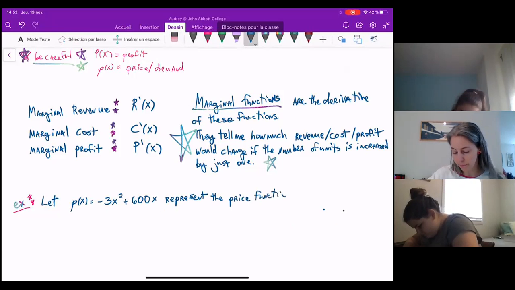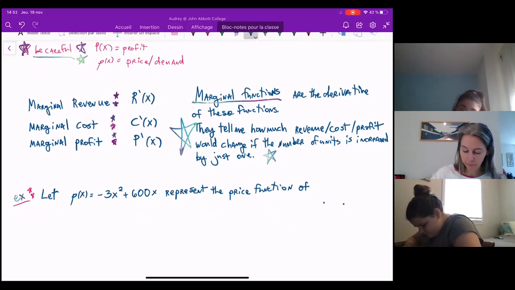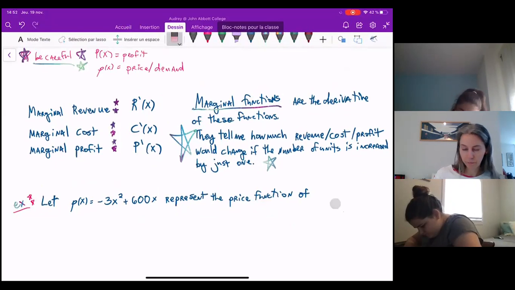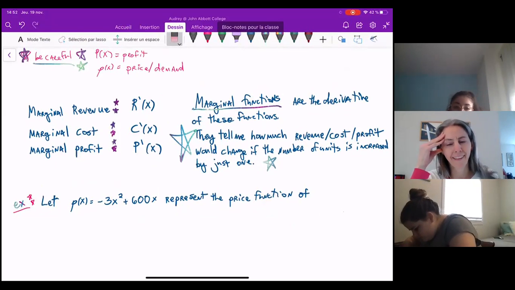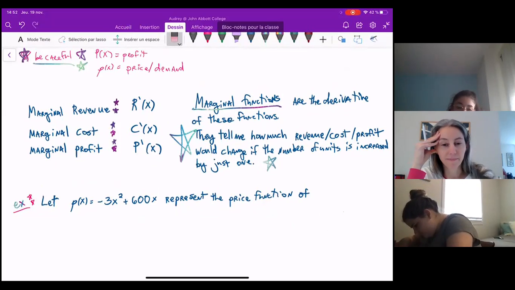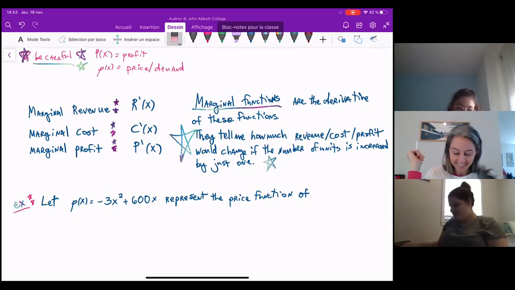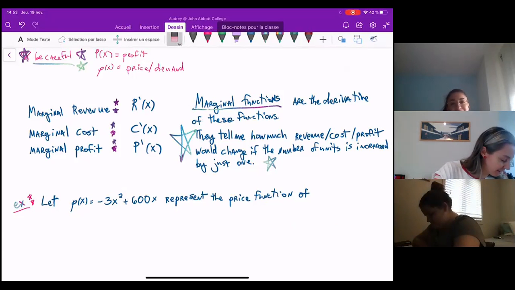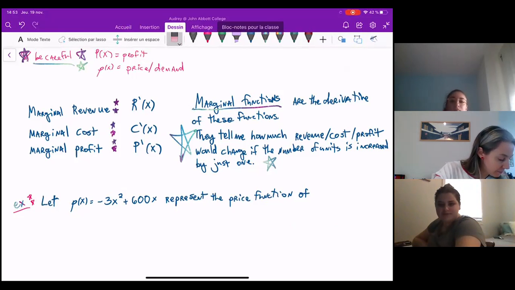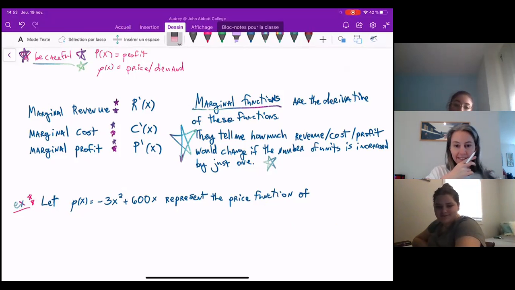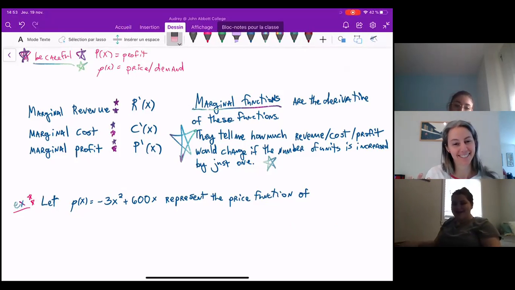What should we sell, guys? We should sell something interesting. What are we going to sell? What's this the price function for? Masks. We could sell masks. What else could we sell? Popcorn. Kids. Oh my gosh, Emil, what? Should we sell children? I don't know if that's appropriate for us to sell children.